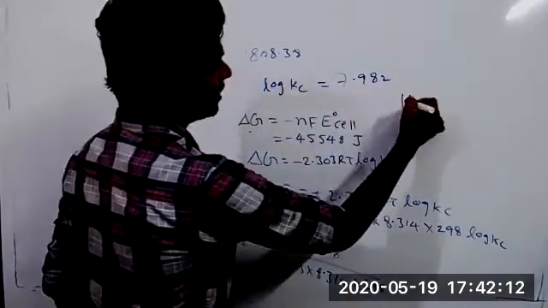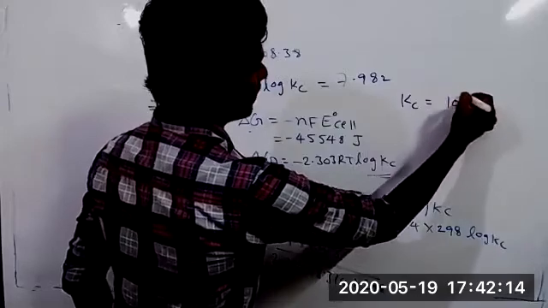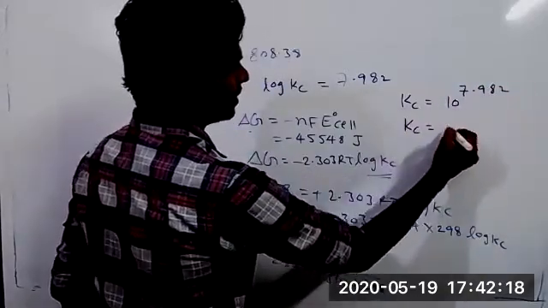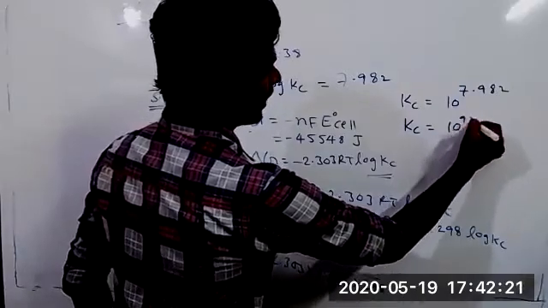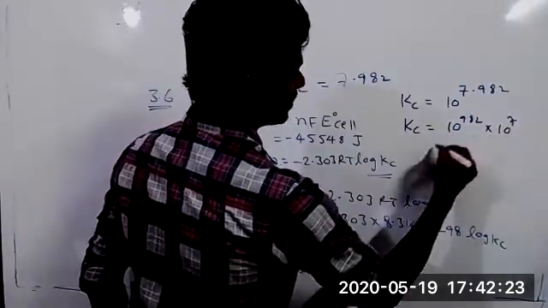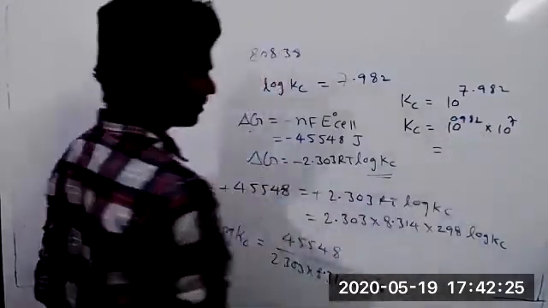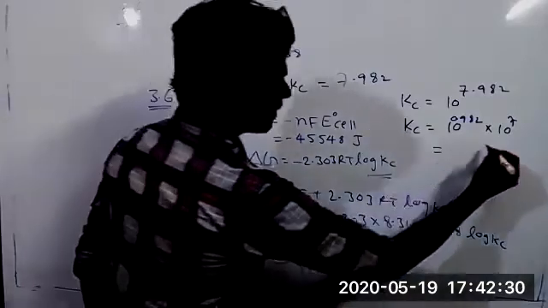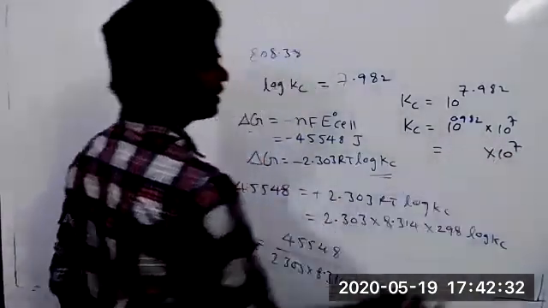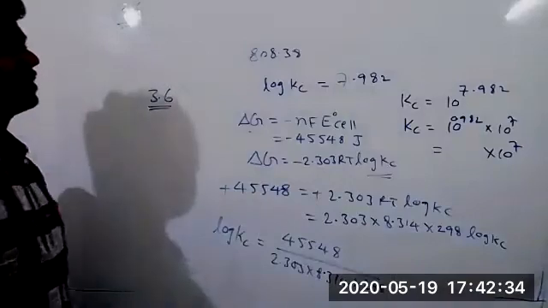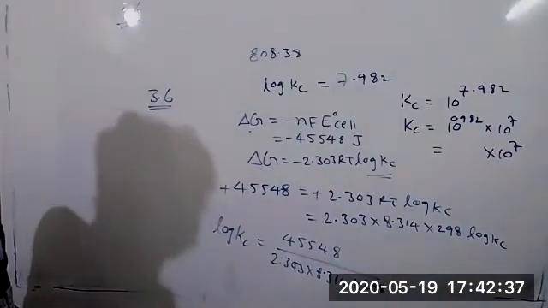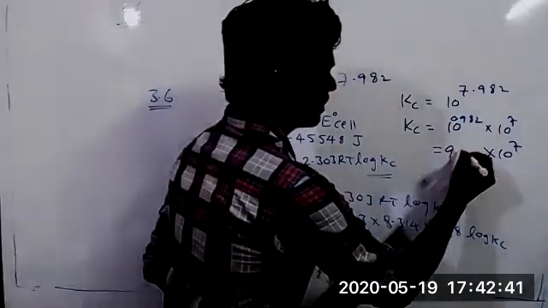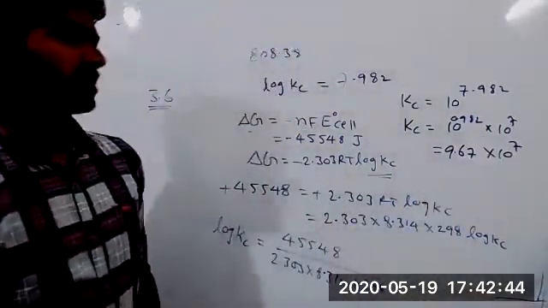Now Kc is log inverse, meaning 10 power 7.982. We may write 10 power 0.982 into 10 power 7. Calculate 10 power 0.982 and you will get 9.616. That is the correct answer, the Kc value: 9.616 into 10 power 7.